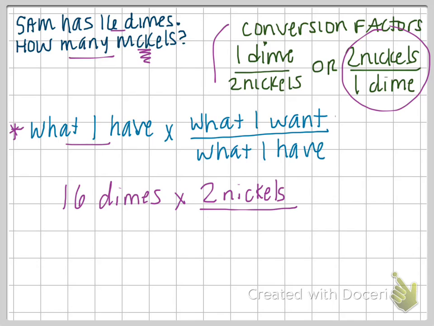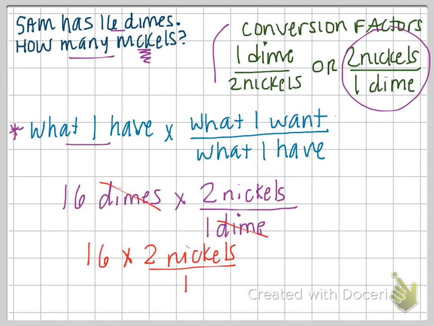And dimes is on the bottom, and that's the value that I want to have cancel out of the equation. So my dimes cancel, and I'm left with 16 times 2 nickels. And there is a 1 under here, but he just gets divided in and goes away anyway. And we end up with 32 nickels.